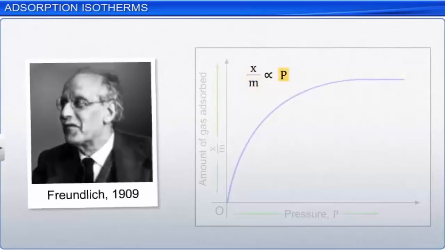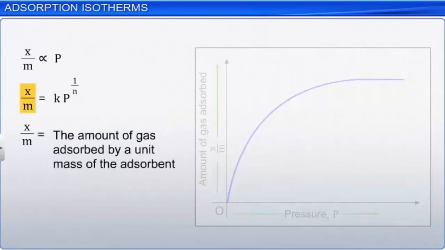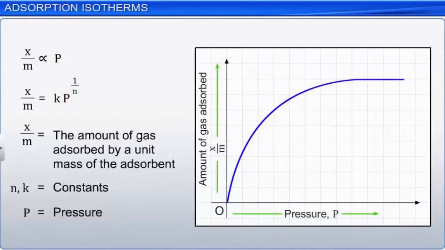The relation can be expressed as x/m = k × P^(1/n), where x/m is the amount of gas adsorbed by a unit mass of the adsorbent, n and k are constants, and P is the pressure. This relationship is generally represented in the form of a curve and is known as the Freundlich adsorption isotherm.